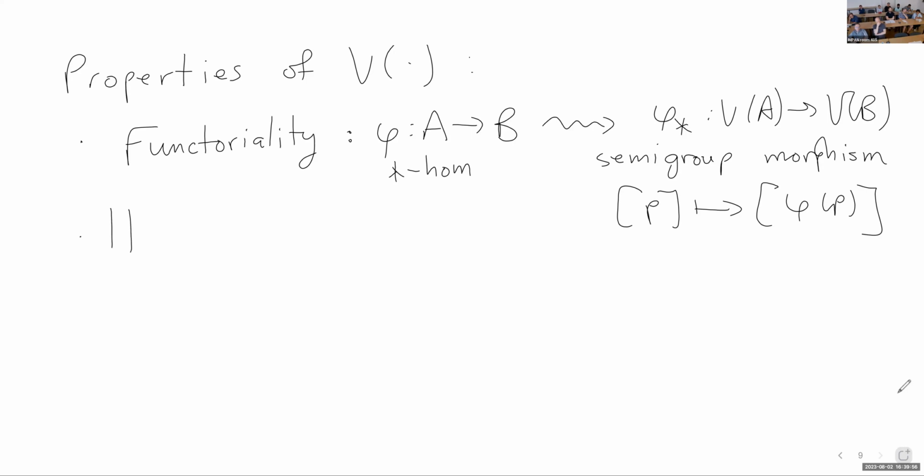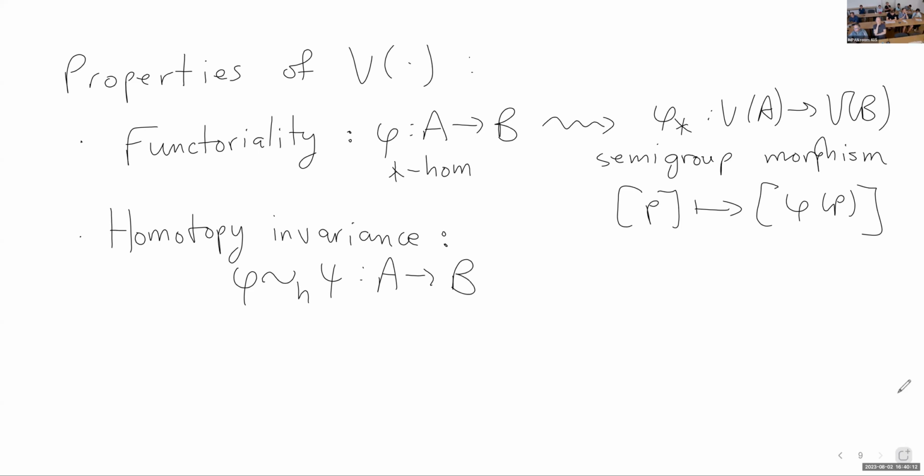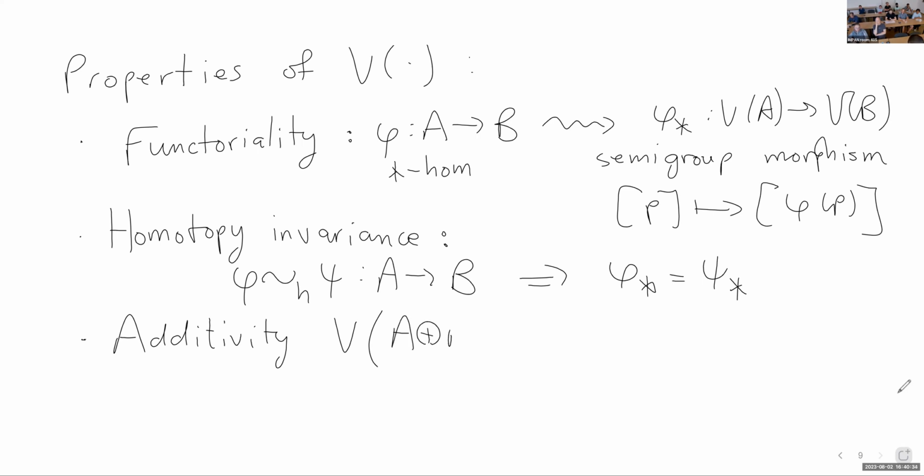Okay, so that's the first property. The second property is homotopy invariance. Meaning that if phi is homotopic to psi as maps from A to B, in a sense which you can probably guess precisely, then they induce the same map. Next, it's additive, so the semigroup of a direct sum is the direct sum of the semigroups.